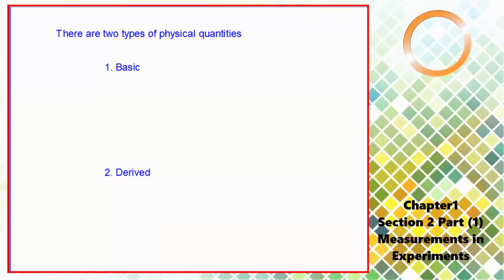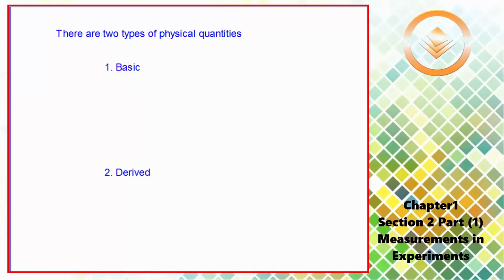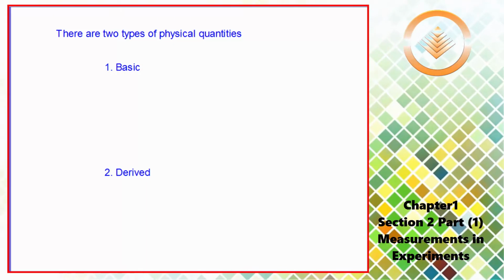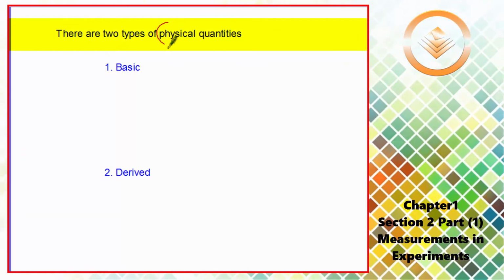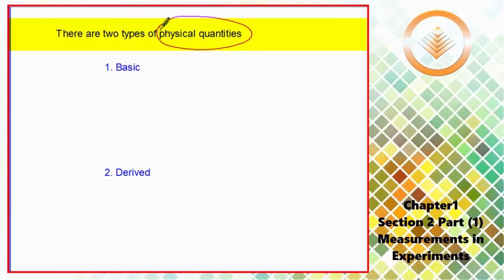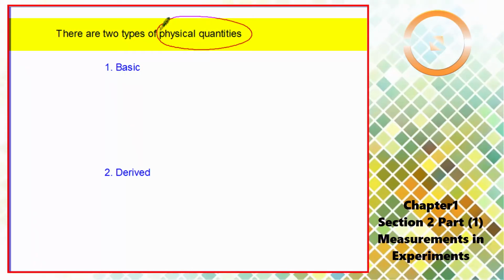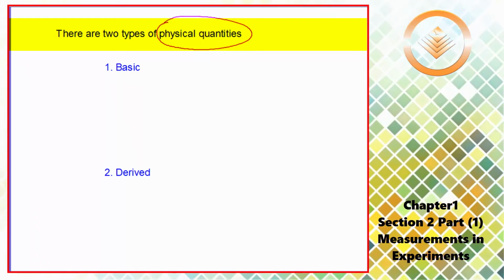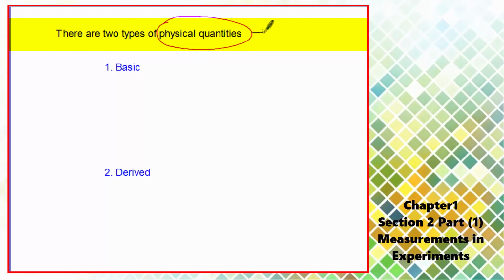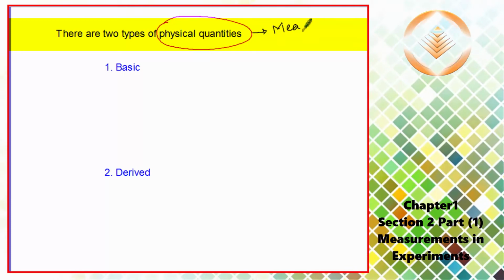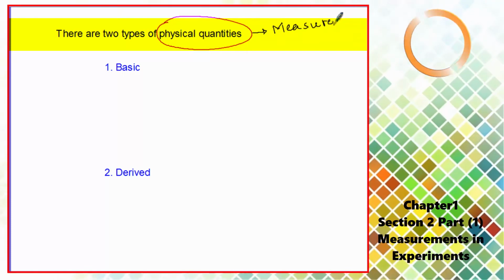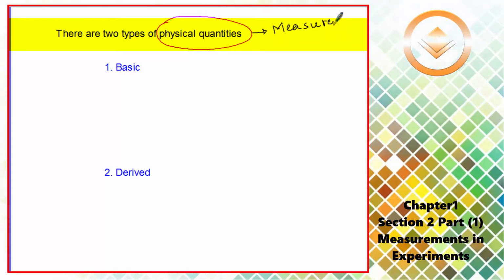Next, what are the two types of physical quantities? In our previous lesson, we defined what a physical quantity means. Physical quantities are quantities that can be measured and expressed in number. We can measure them, and after we measure, we express them by a number and a unit.